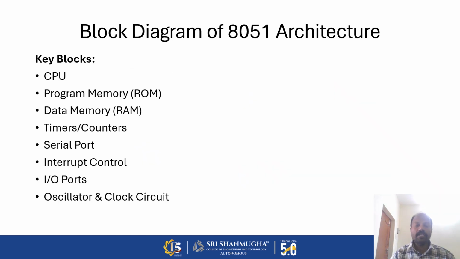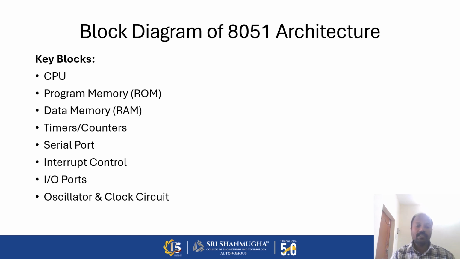The key blocks of the 8051 are the CPU, the central processing unit. We have program memory, that is read-only memory, where we can store the program, and data memory for storing data, that is random access memory. We have timers and counters, which we can use as either a timer or a counter based on initialization.